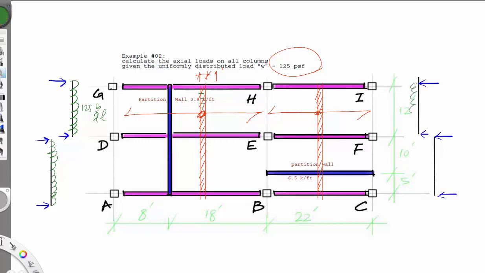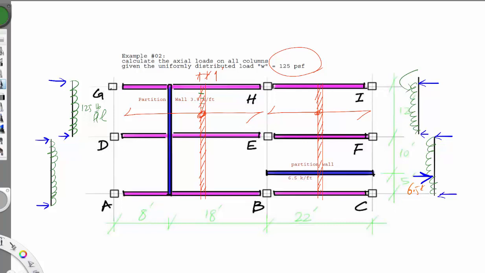So this is the uniform load, and it's 125. But when we take a section at this point, you'll see this partition wall will show as a point load, like that, and the value of it is, say, 6.5 per foot length. So I can write this as 6.5 kips.